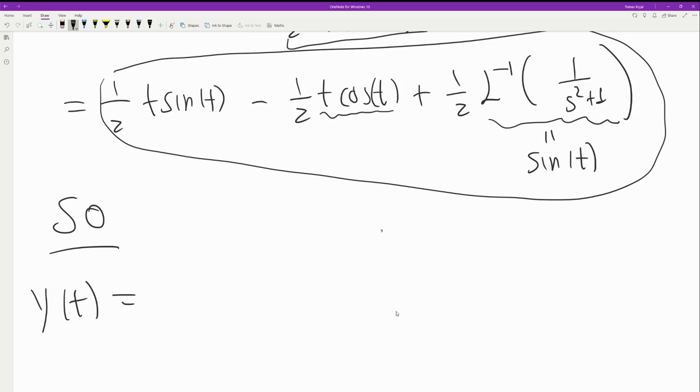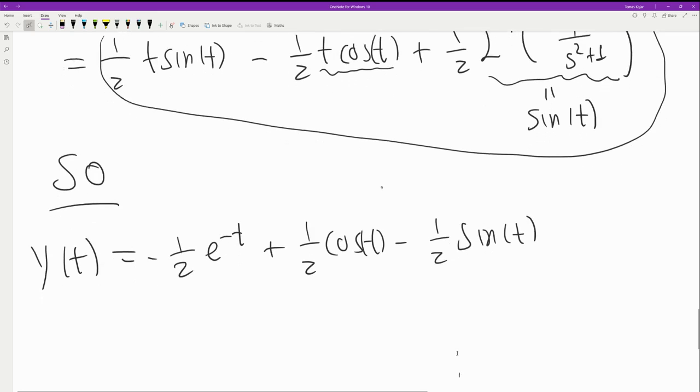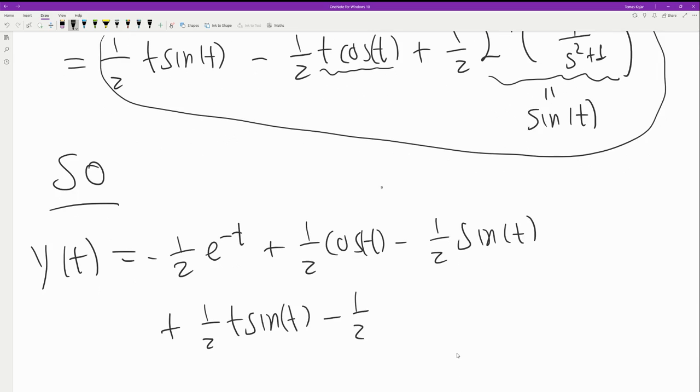So minus a half e to the minus t plus a half cosine t minus a half sine t plus a half t sine t minus a half t cosine t, and then plus a half sine t.